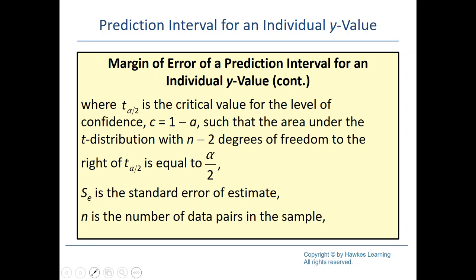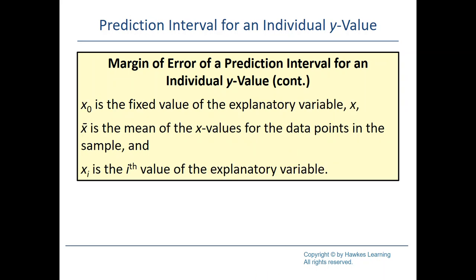It's a little different than what we are used to, so be aware of that. S sub E is going to be that nice, lovely standard error of estimate. But remember, you need the SSE to get this, or you're going to use the calculator to help you out there. And n is the number of data pairs in the sample itself.